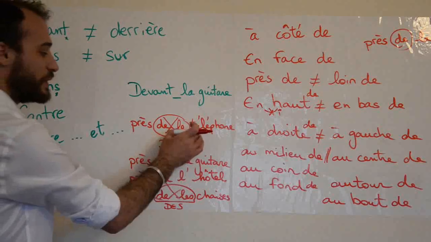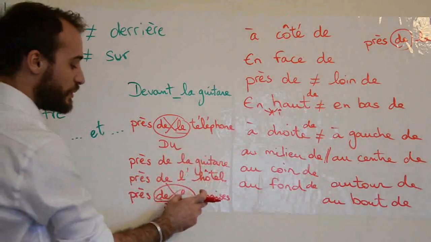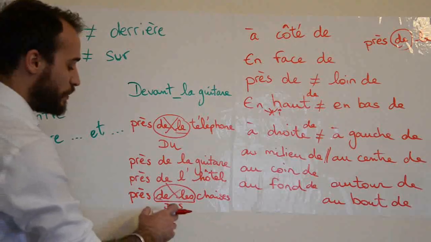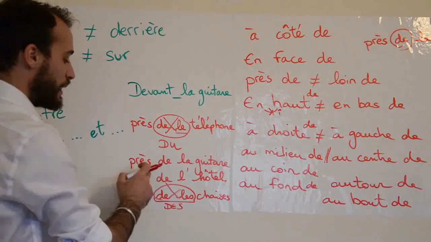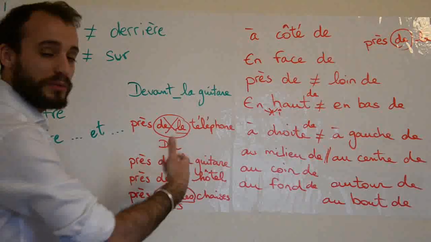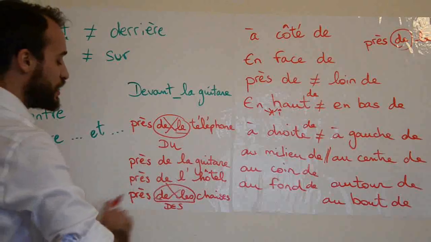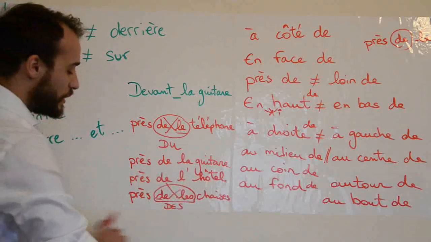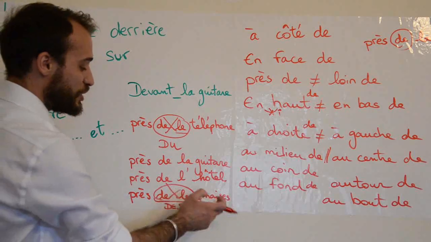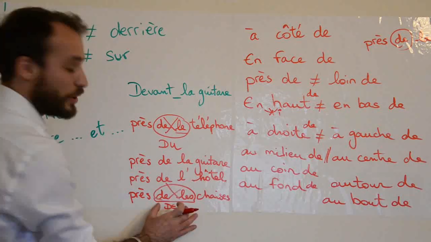So be careful, masculine things become du, plural things regardless of gender will become des. So we have près du téléphone, près de la guitare, for instance, feminine things, that doesn't change. Près de l'hôtel, the apostrophe doesn't change as well. And près des chaises, any plural things will become des.